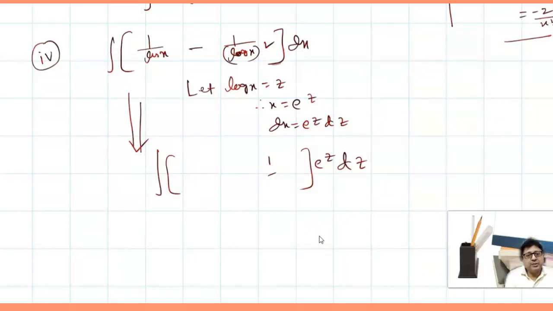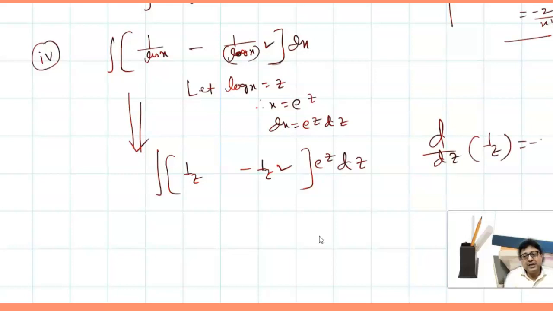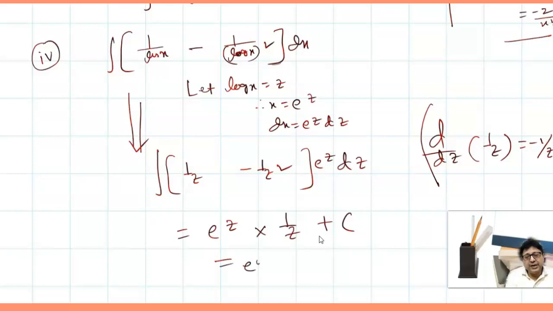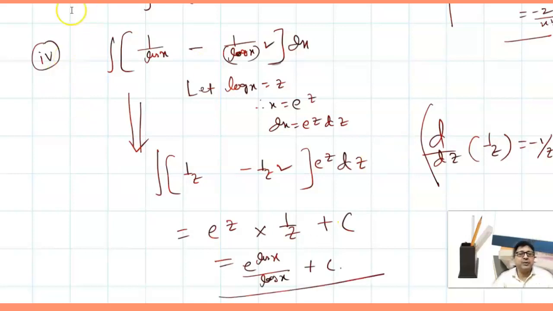This log x you have taken z, so this is 1 by z minus 1 by z square, and derivative of 1 by z equals minus 1 by z square, it means it is of the form e to the power x into fx plus f dash x. So answer is going to be e to the power z into 1 by z plus c. You replace z by log x, e to the power log x by log x plus c is coming over there.